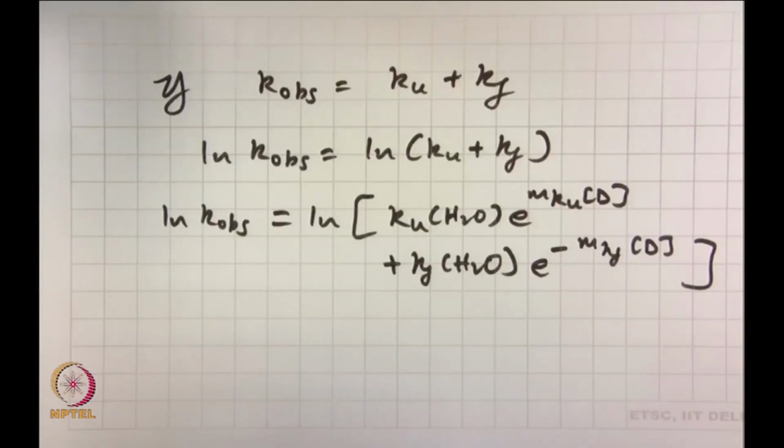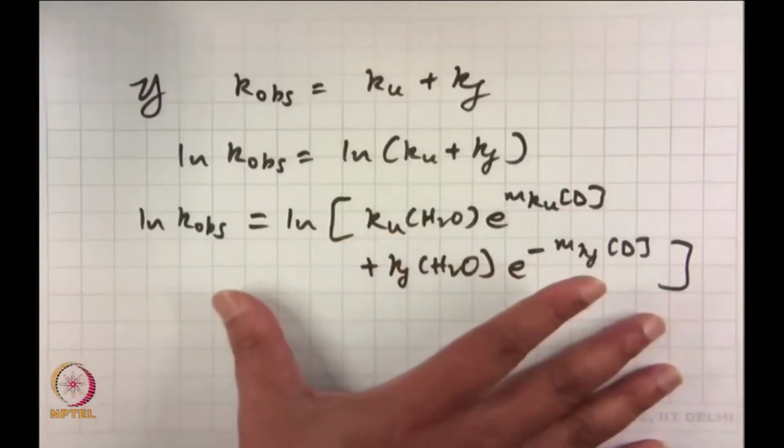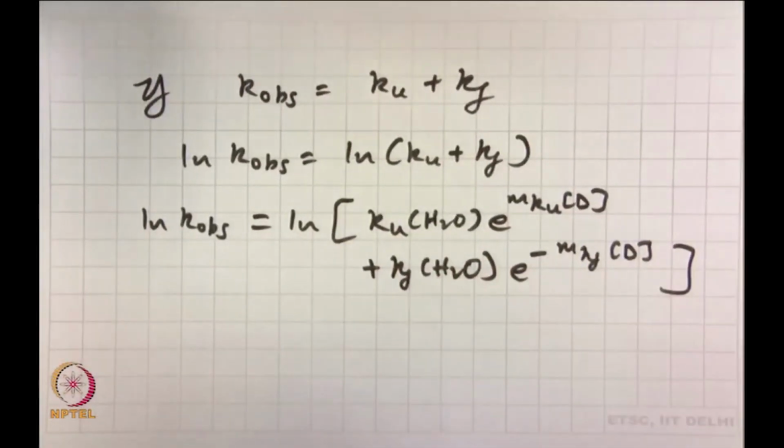You have Ku from your series of unfolding experiments, you have Kf from your series of folding experiments. Now, you know that K observed is equal to Ku plus Kf, then you just use this final equation to draw that chevron plot that fits through your data points, and that is what you have.